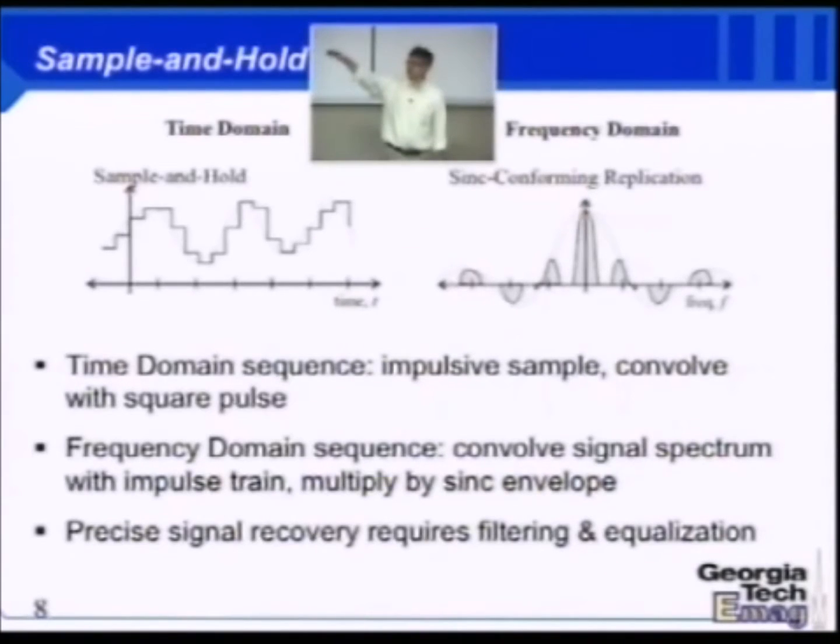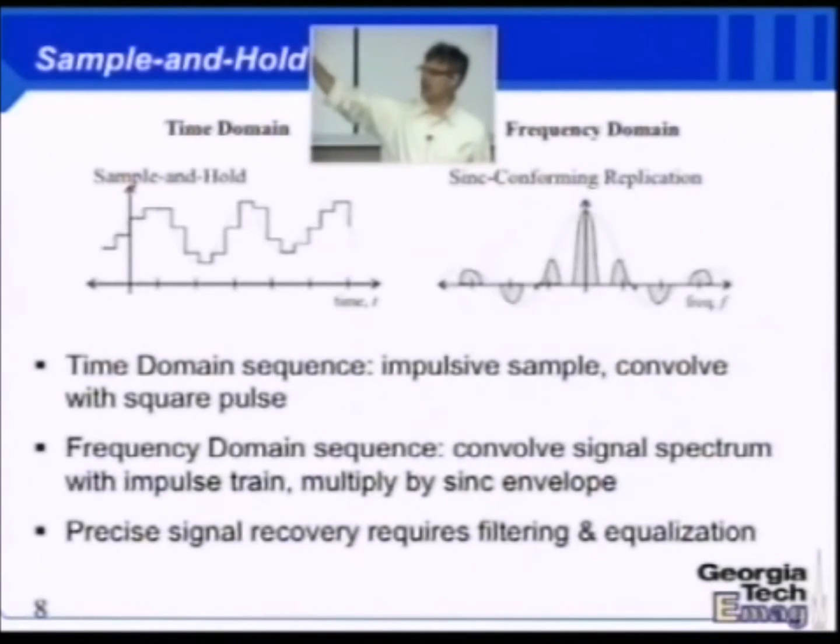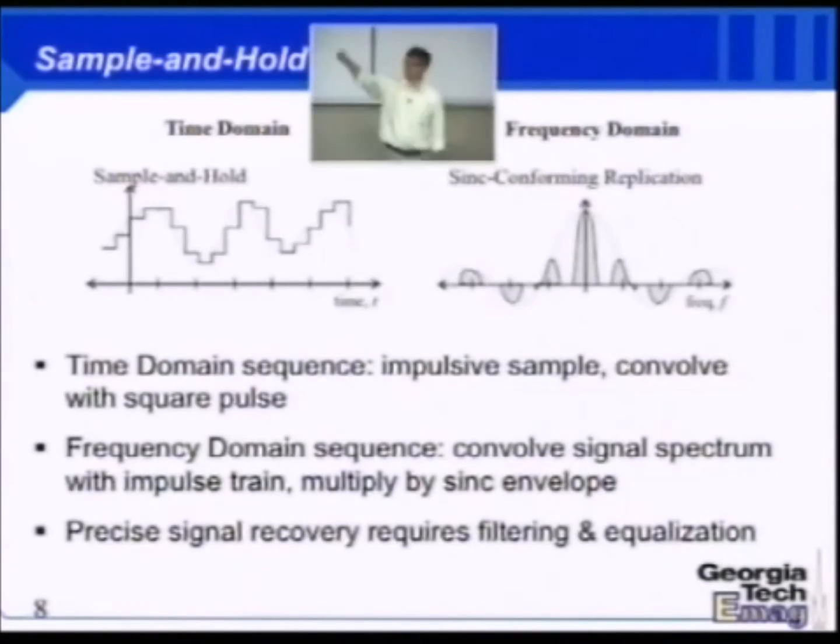The only difference is that now, instead of copies of the signal spectrum, you get those copies conforming to the shape of a sinc pulse, because you're dropping copies of pulses instead of multiplying by pulses. That's not a big deal because you can do low-pass filtering and a little bit of equalization. Again, you get the original signal out without any information loss.